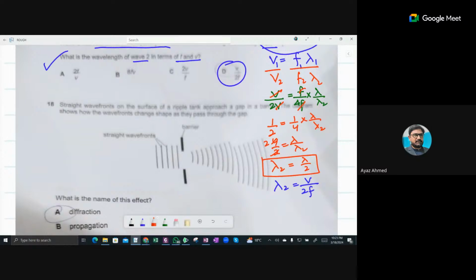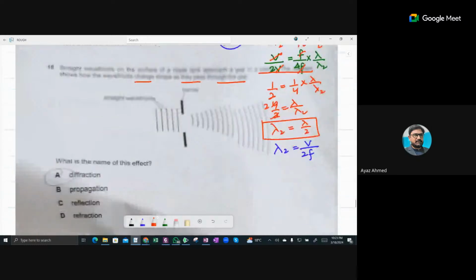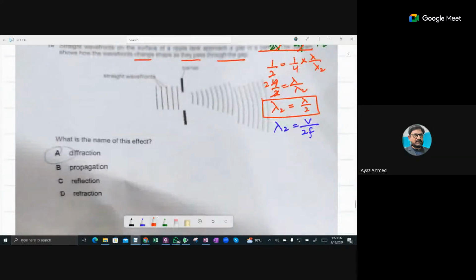A straight wavefront on the surface of the ripple tank approaches a gap. The diagram shows how the wavefronts change shape as they pass through the gap. What is the name of this effect?